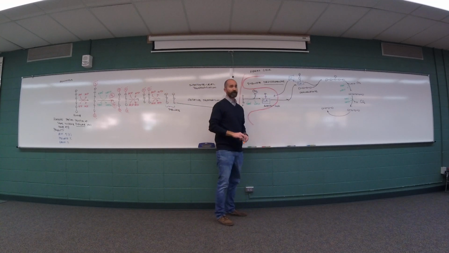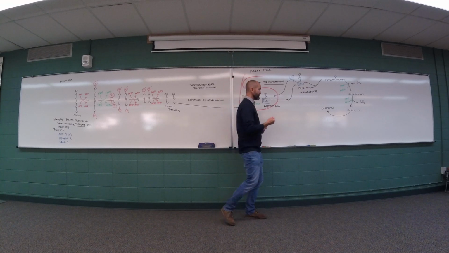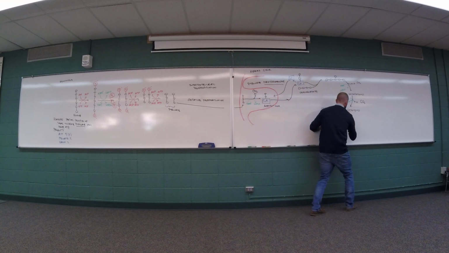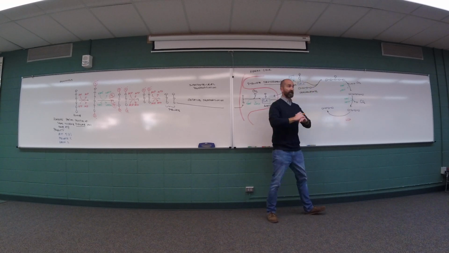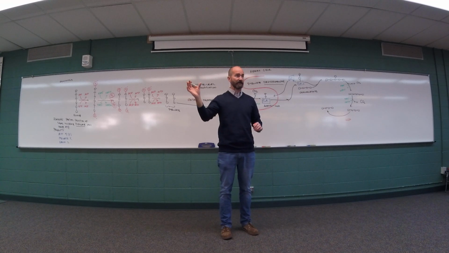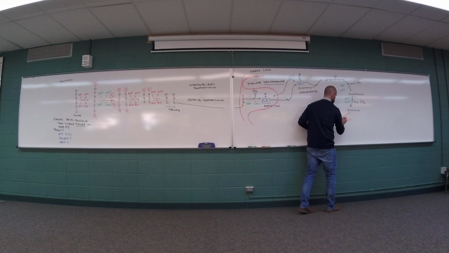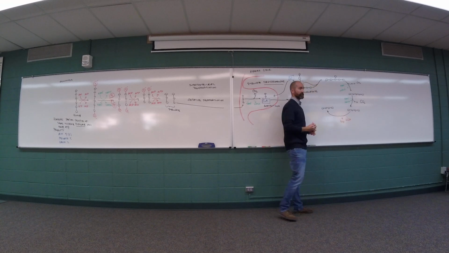What happens is a molecule called GDP, which is identical to ATP, but instead of adenosine as the nitrogenous base, it has guanine as the nitrogenous base, comes along and it becomes GTP.